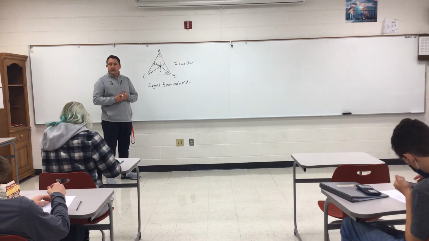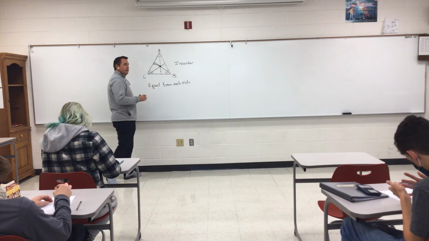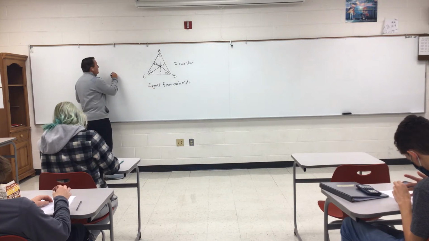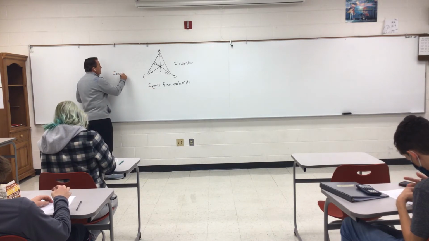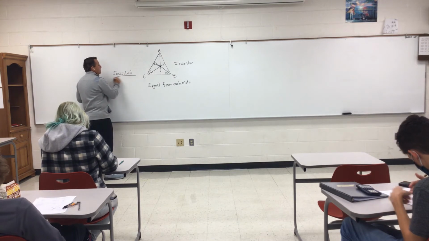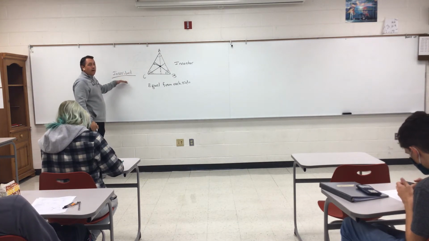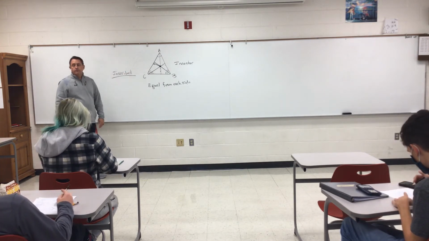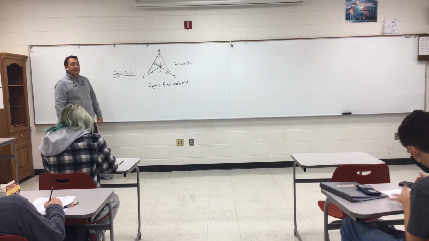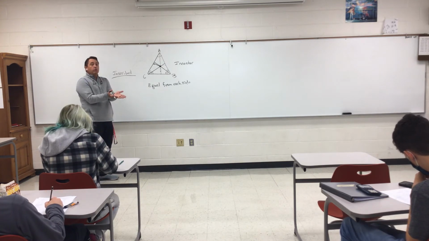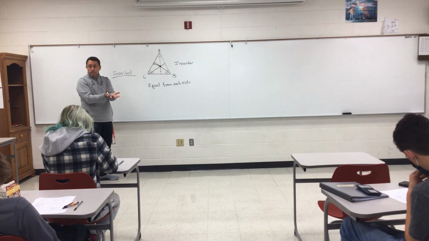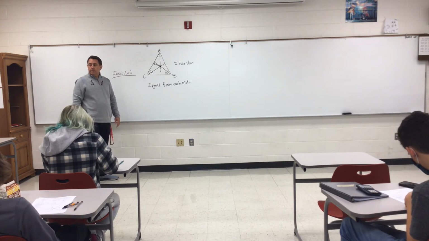Inside? Would everybody agree it's inside? Here's what it actually is. Okay, so I want you to write that word, inscribed. Basically, that's the biggest circle that will go inside that triangle. Does that make sense, everybody? It's going to barely touch the triangle at three places.